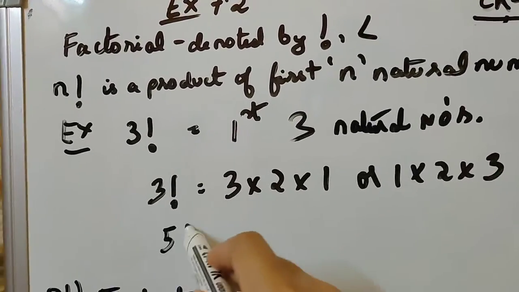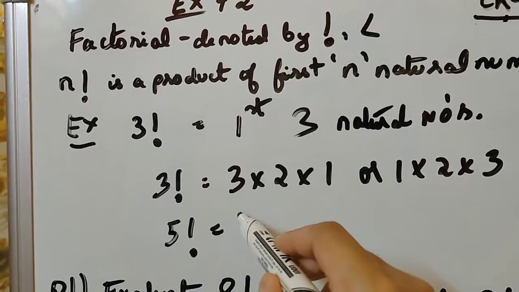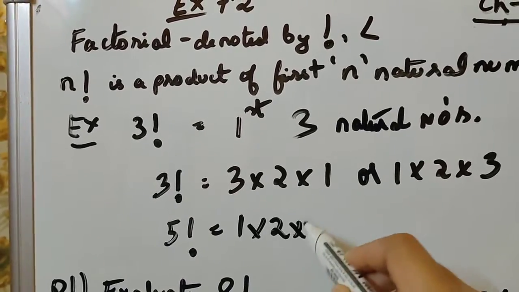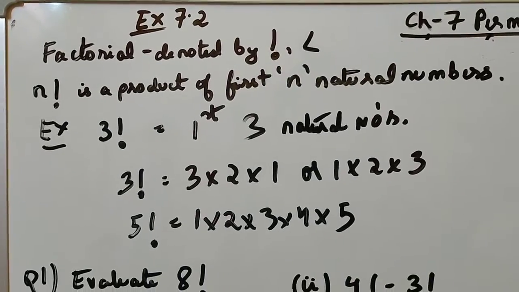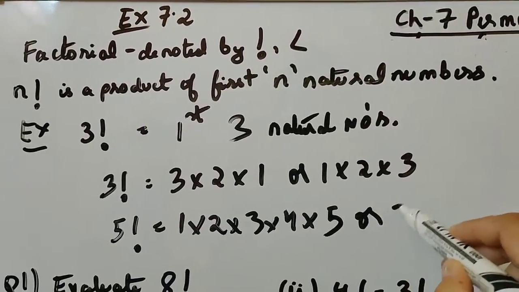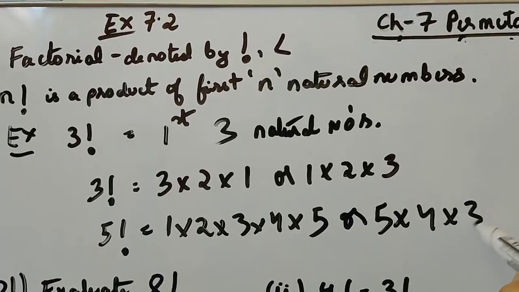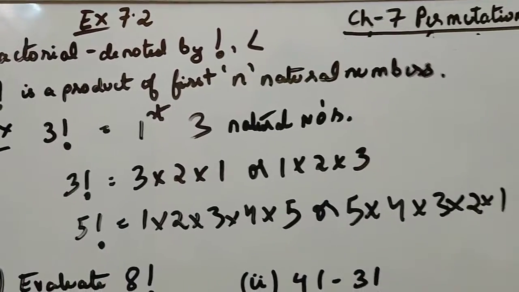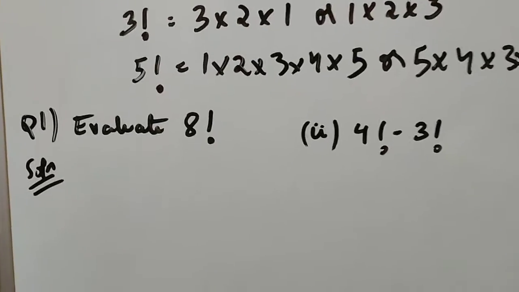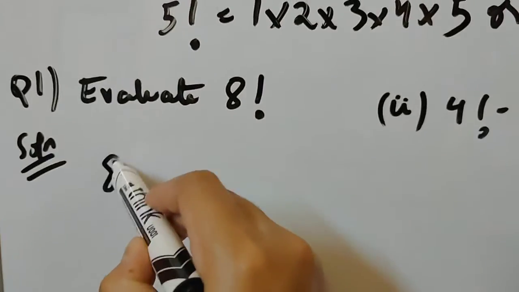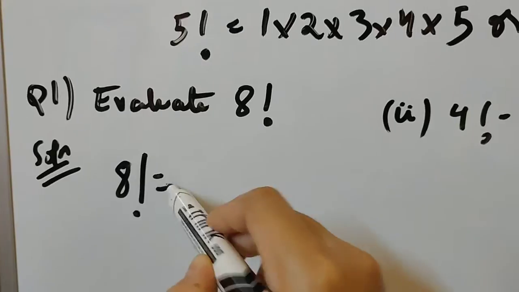Suppose 5 factorial. Evaluate 5 factorial, then you will write 1 into 2 into 3 into 4 into 5, the product of the first 5 natural numbers, or you can write 5 into 4 into 3 into 2 into 1. Now the first question is evaluate 8 factorial.